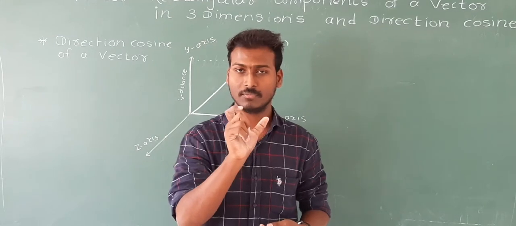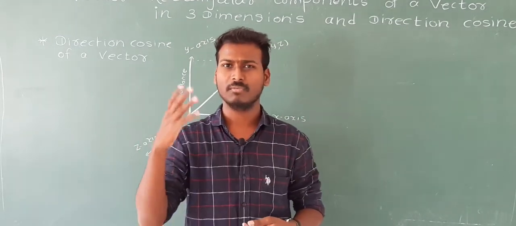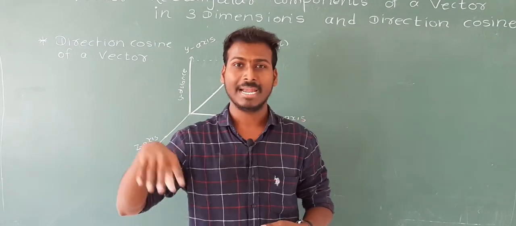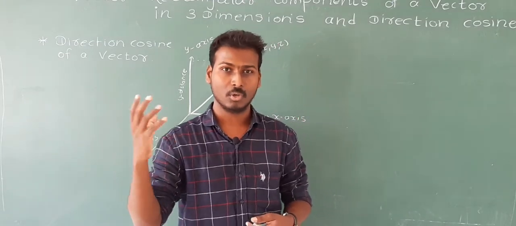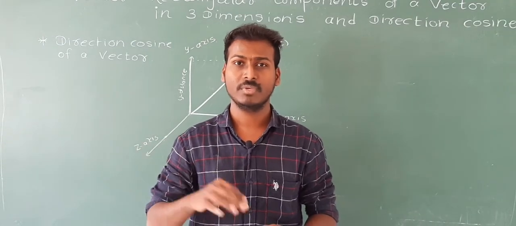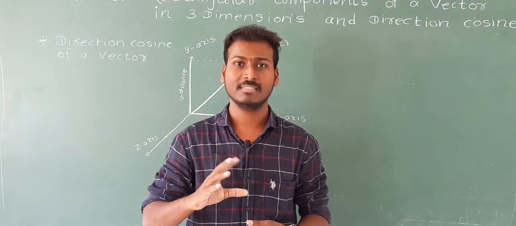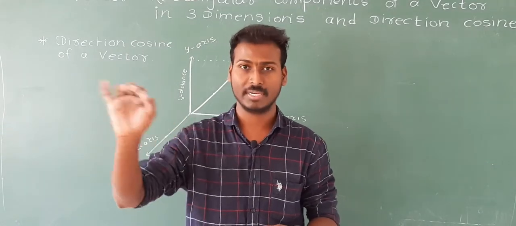First of all, this word direction: you know from a previous part, maybe the third or fourth part, while solving addition laws of vectors, how to find the direction of a given vector. We just find the angle, that is nothing but the direction of the given resultant vector.